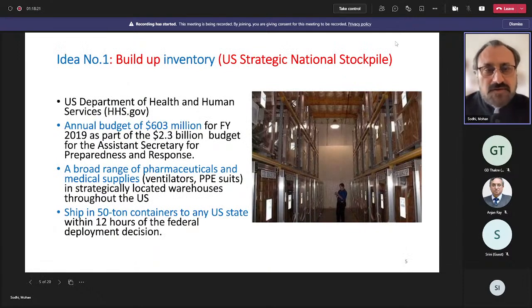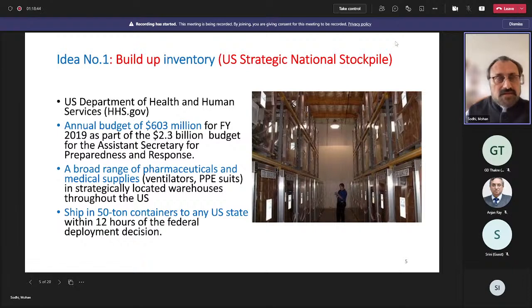So when it comes to inventory, the US has a simple model. In the US there are strategic stockpiles for many things, for petroleum, for minerals, and so on, just in case there is disruption from outside. Similarly, for national level public health emergencies, there is the US Strategic National Stockpile.